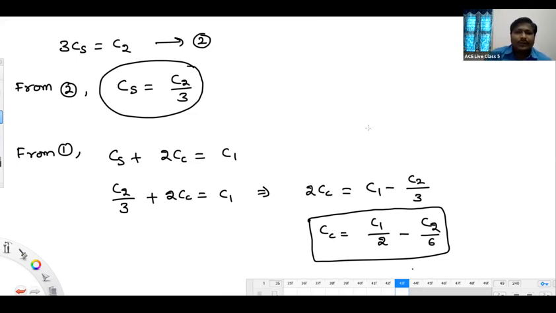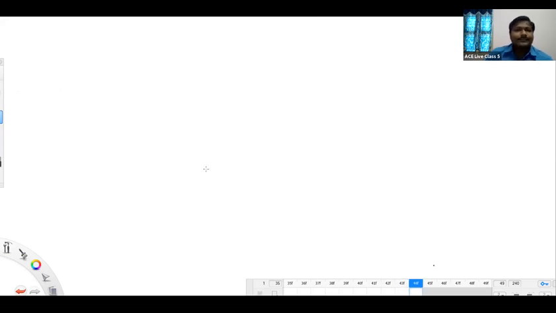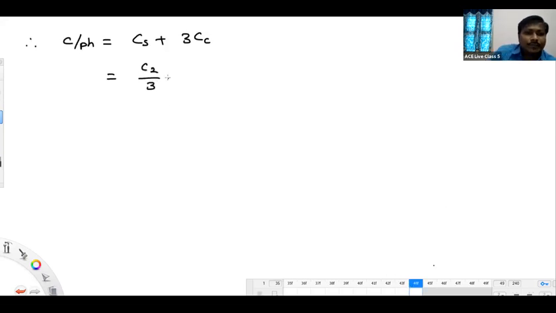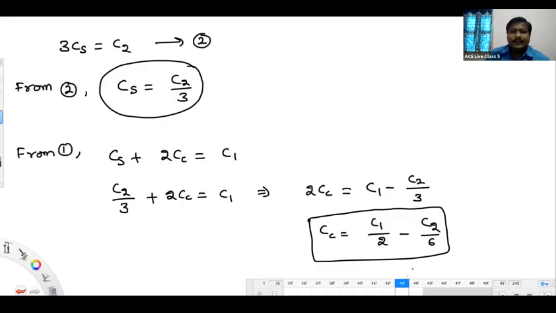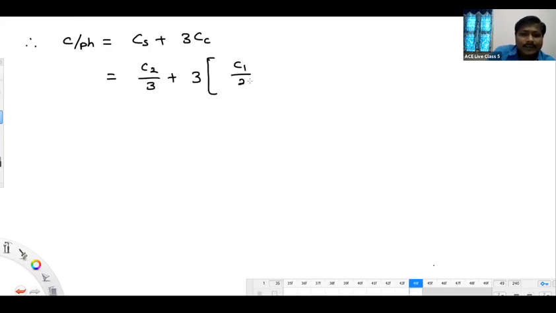So I can say in the next slide: capacitance per phase, already we know it as CS plus 3CC, and the CS is C2 by 3 plus 3 times CC. CC is C1 by 2 minus C2 by 6. From this you can get 3C1 by 2, and you simplify this.